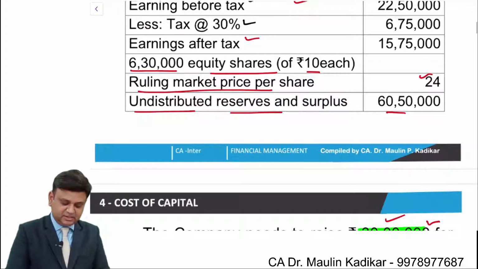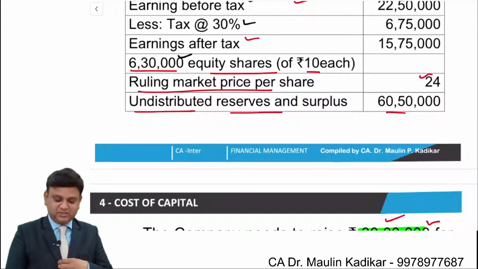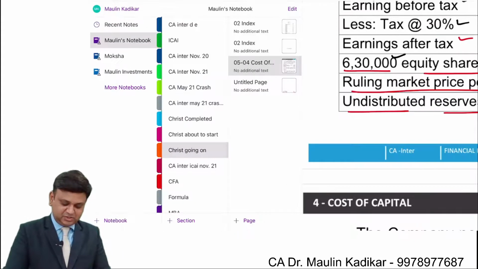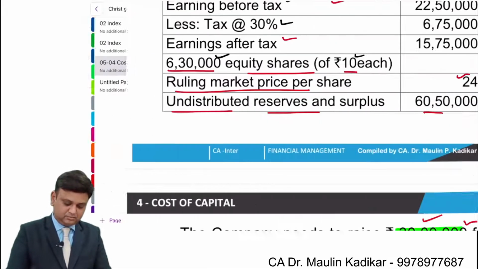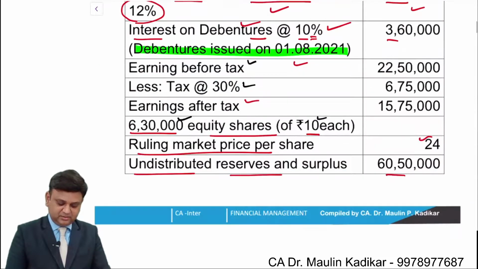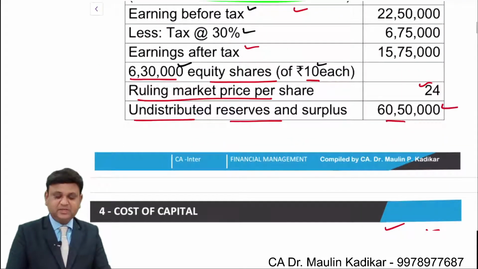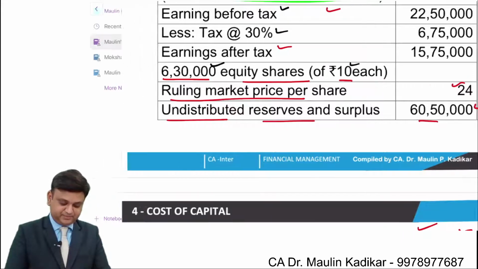We can see that there are 6,30,000 equity shares of rupees 10 each. That comes to an amount of 63 lakhs. Next is the reserves and surplus, 60,50,000.